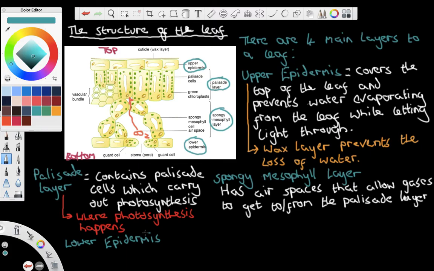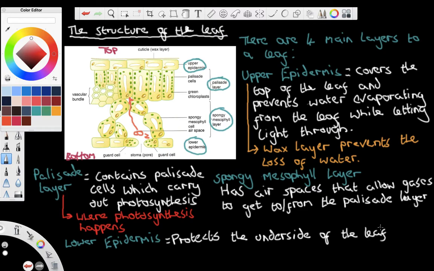And the lower epidermis protects the underside of the leaf and contains stomata, which we're going to talk about in a moment.